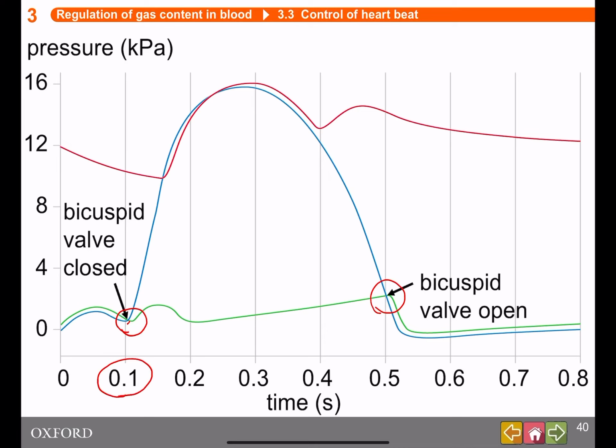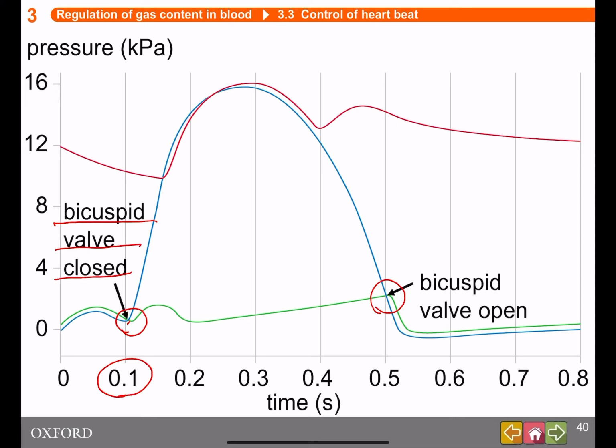What will be the implication? That means the bicuspid valve, we are looking at the left side only, will be closed when the pressure of the left ventricle gets higher than that of the left atrium. It will cause the bicuspid valve to close.